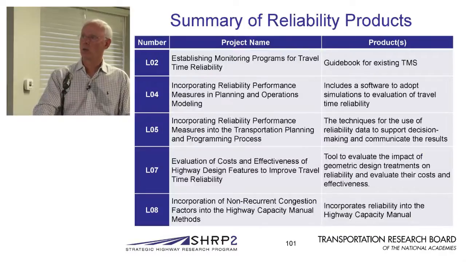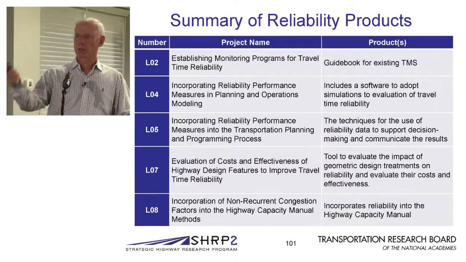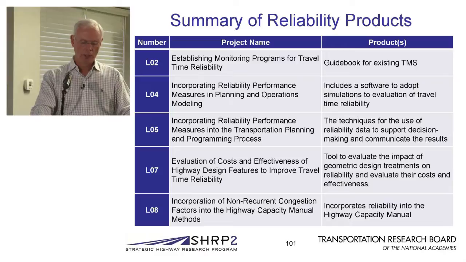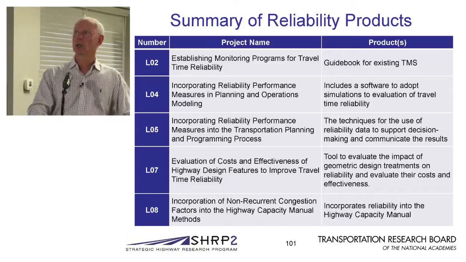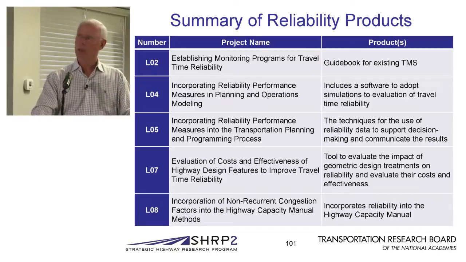This slide I won't go through, but that basically lists the 5 research reports that are being looked at through the L38 pilot test. You can see the name and the product that the pilot testing agencies are applying.